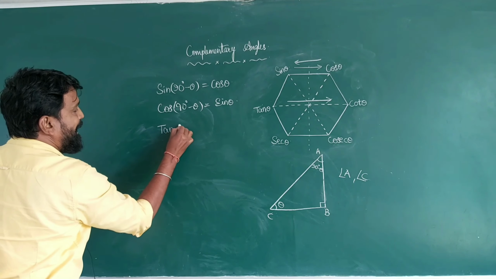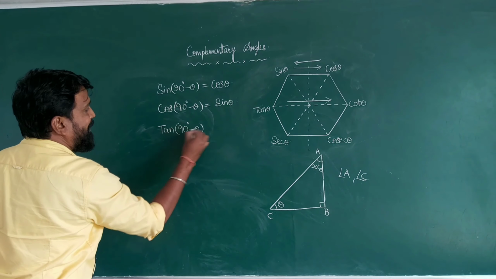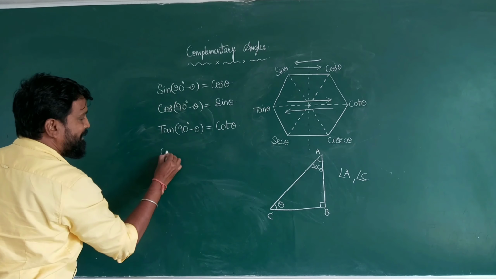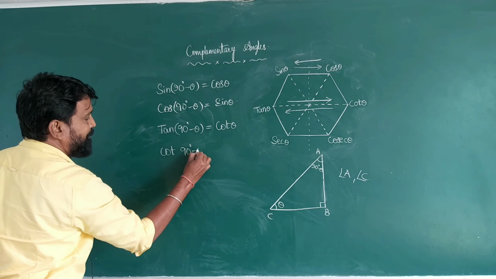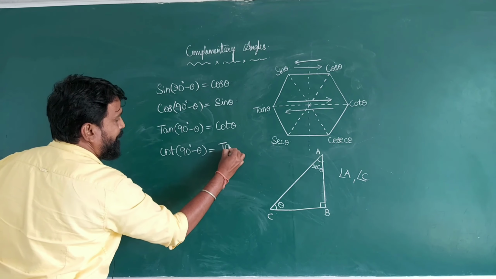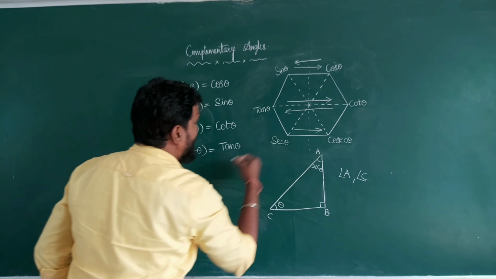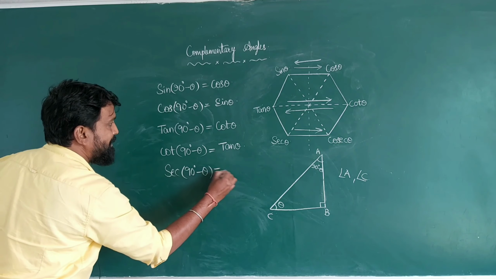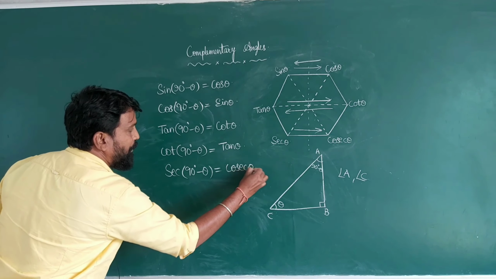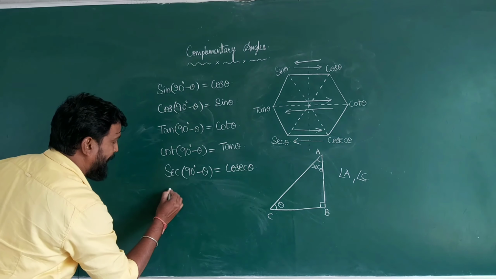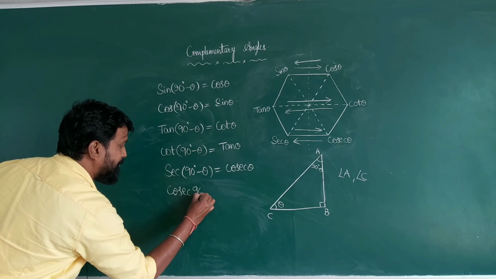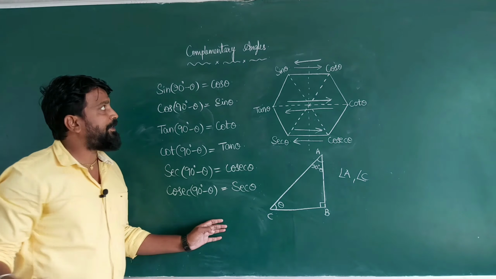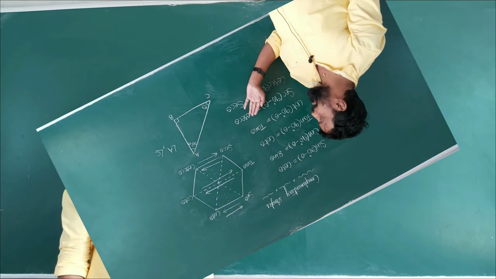Similarly, tan of 90 minus theta is cot theta, and cot of 90 minus theta is tan theta. Sec of 90 minus theta is equal to cosec theta, and cosec of 90 minus theta is equal to sec theta. So, these are the complementary angle relations of trigonometric ratios.